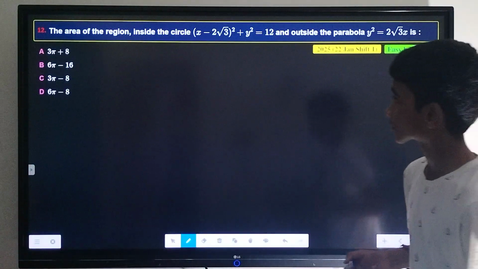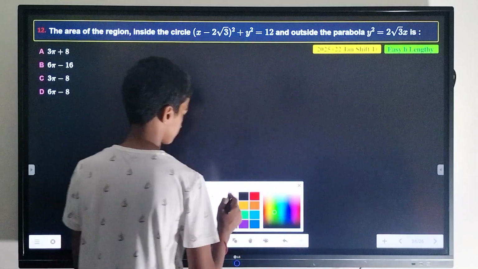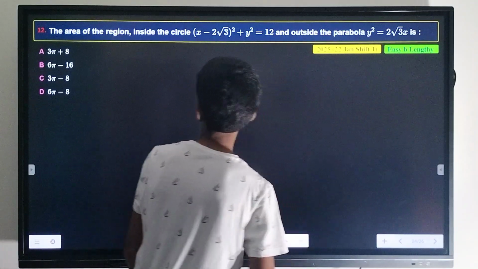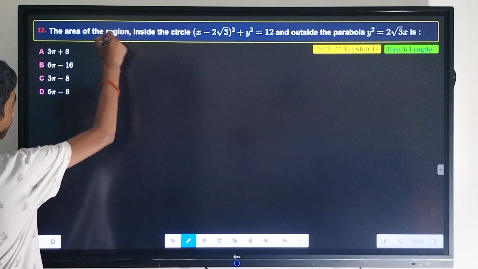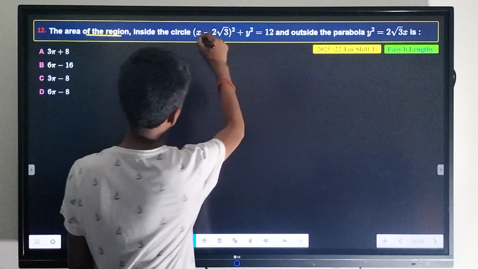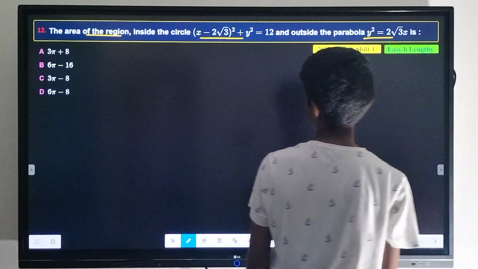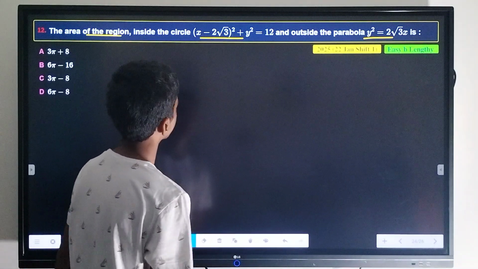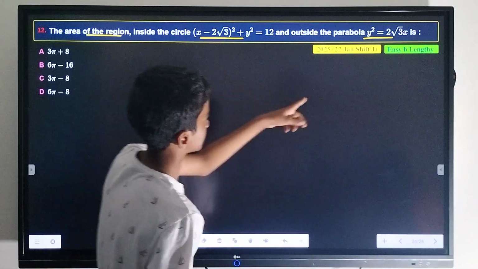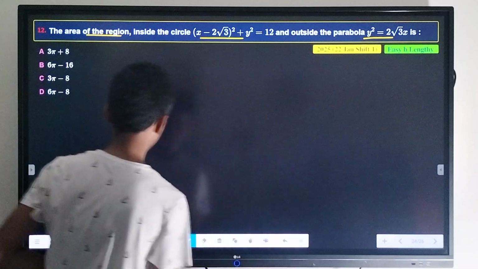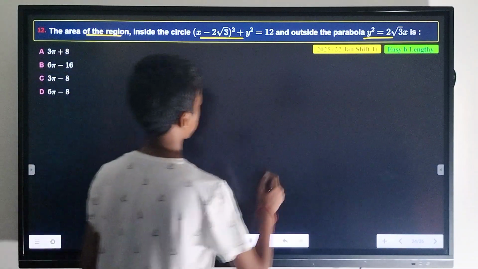Here is our next question now. Our question says the area of the region inside this circle and outside this parabola is. So we need to find the area inside the circle and outside the parabola. So first of all, let's plot it.